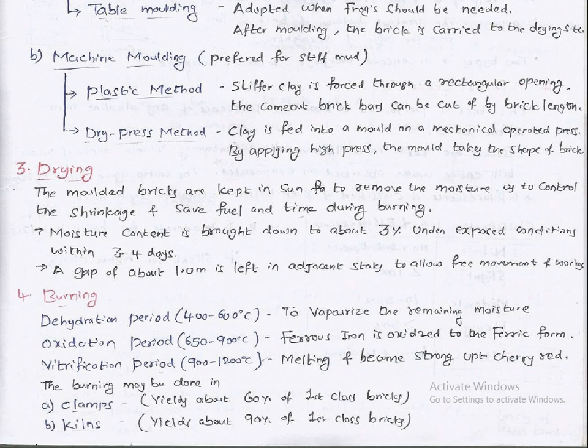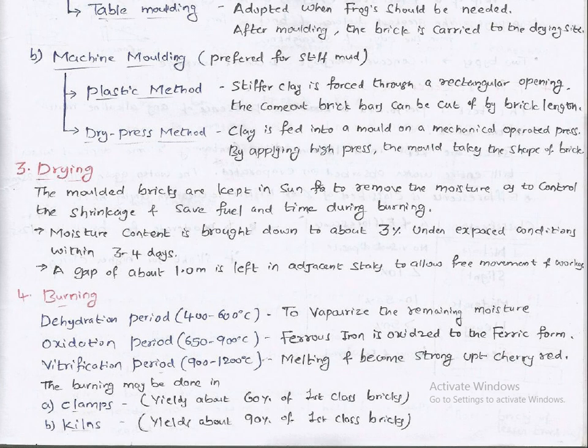Vitrification period, 900 to 1200 degrees centigrade: melting occurs and the brick becomes strong, up to cherry red. Burning may be done in clamps, yielding about 60% first class brick. Kilns yield about 90% first class brick.